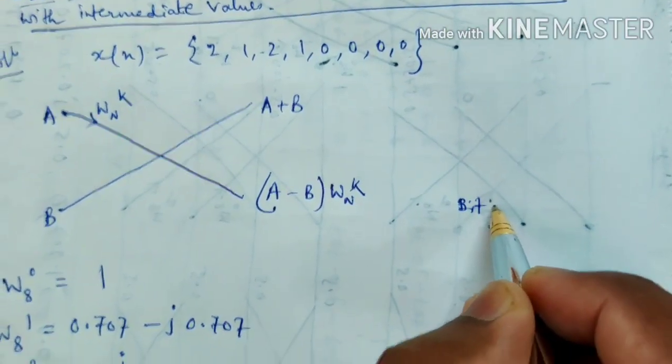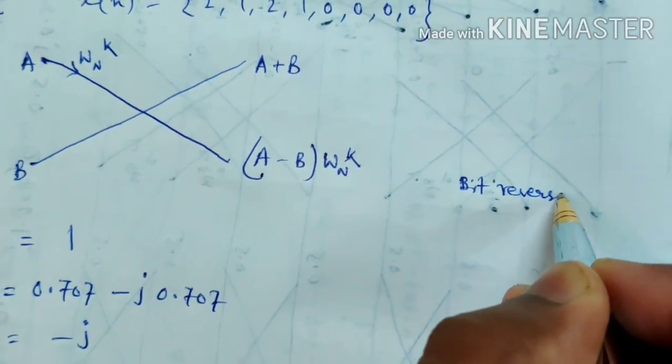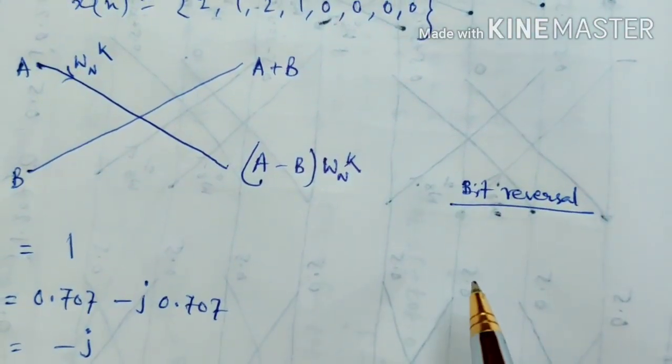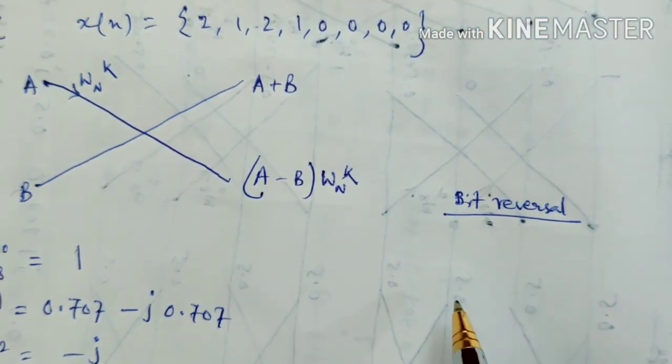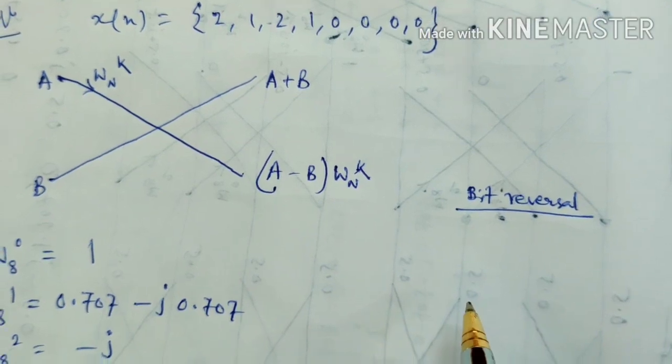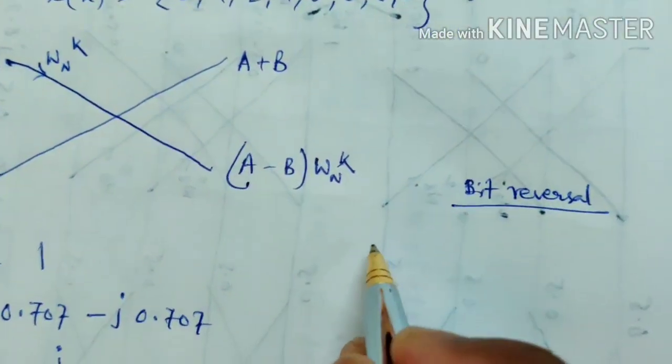In DIF, the input sequence is taken in normal order, but the result will be in bit reversal form.